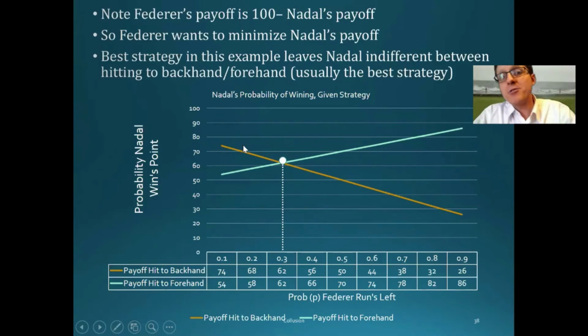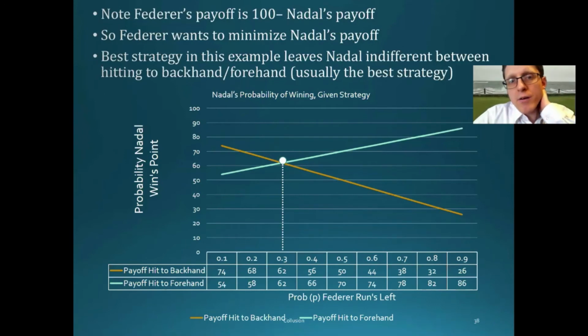Right? So we can assume that Nadal is going to take whichever strategy is better for Nadal. So Nadal's payoff is sort of the upper envelope of these two lines. It's sort of the upper V that's made by these two lines. Now, if we think about that, Federer's strategy is to maximize Federer's probability of winning the point, which is the same thing as minimizing Nadal's probability of winning the point.